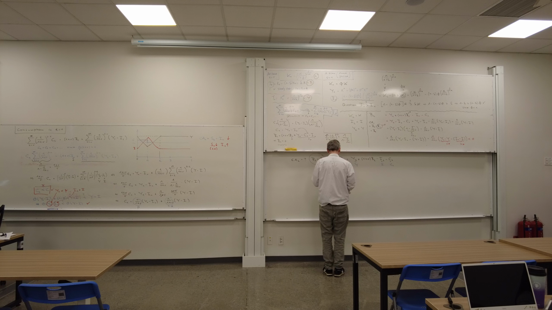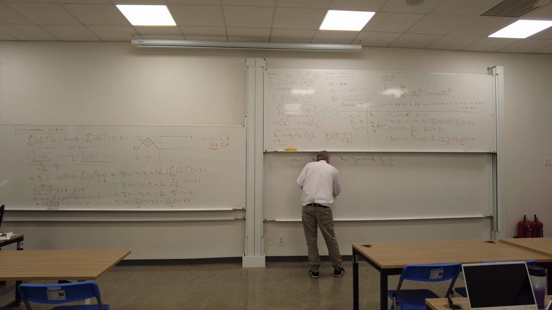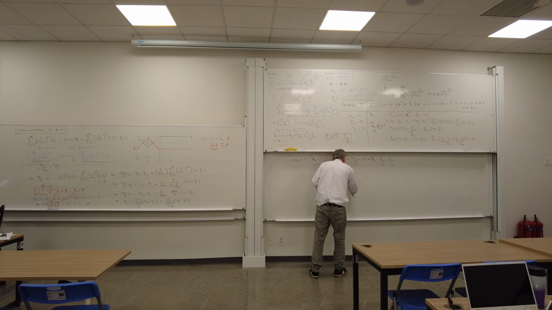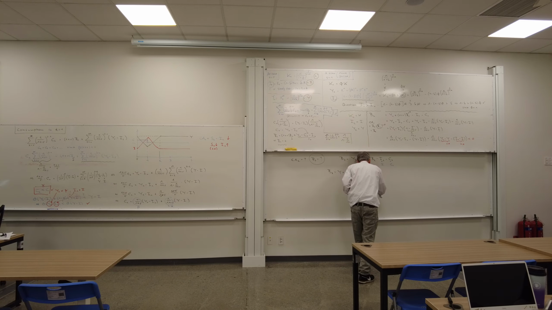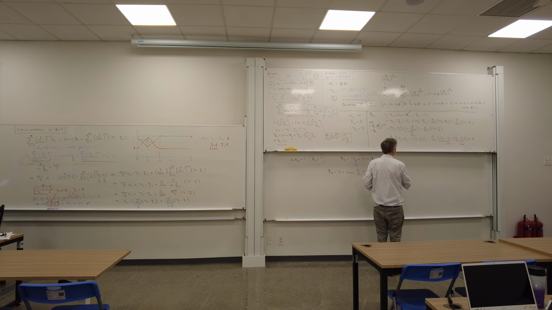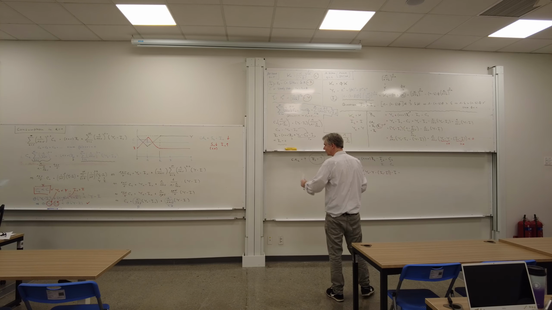So we have B3 equals Y plus 1 plus R times 1 over 1 plus R, Y1 minus Y minus I1 minus I minus I minus, what did we have here?